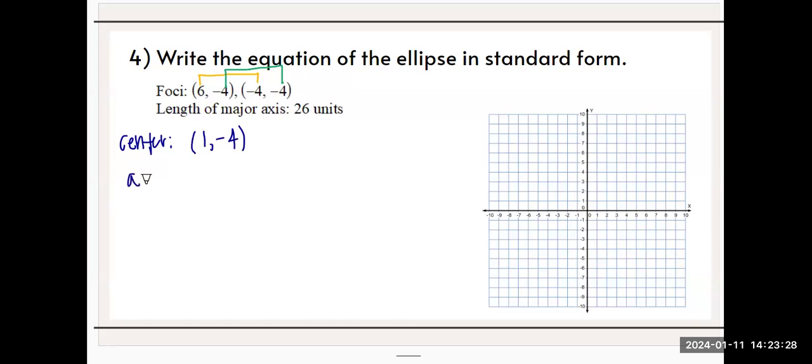Next, what is A? So the length of the major axis is 26. That's from one end to the other end. So how far is it from the center to an end? So A is 13. The major axis is always 2 times A. If you double A, you get the major axis.